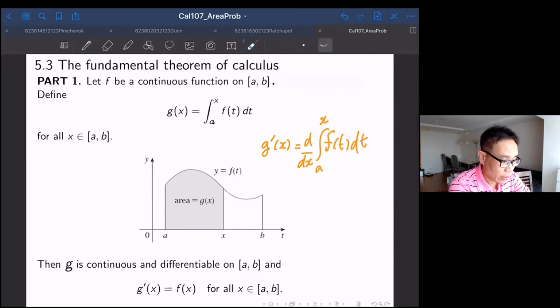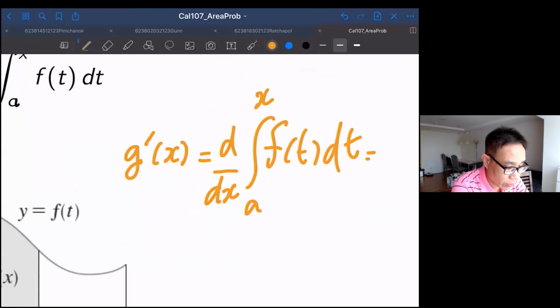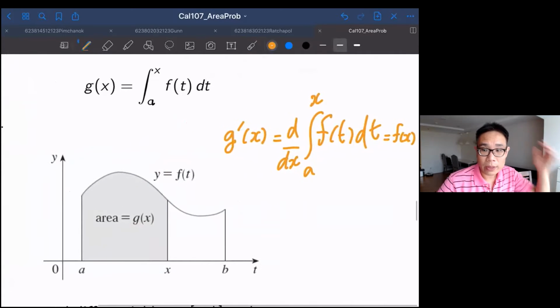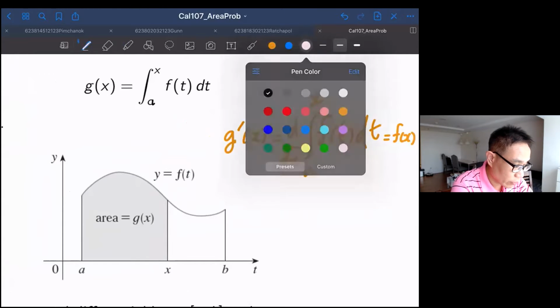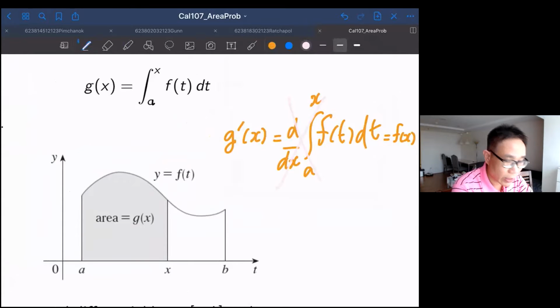When you have differentiation and integration, they kind of cancel each other, so you end up with only your function f(x). So g'(x) equals f(x). You just differentiate the integral out.